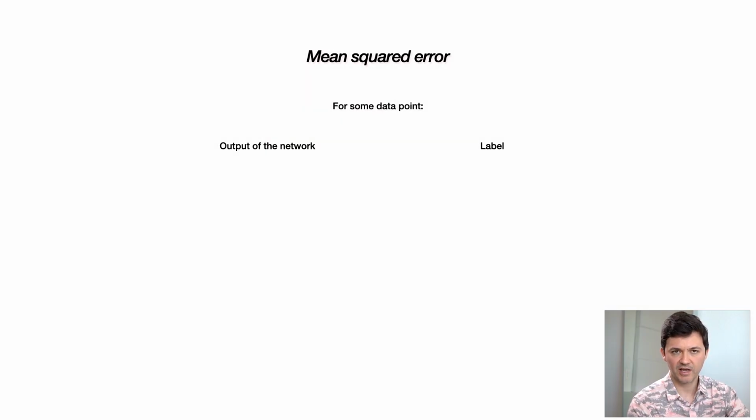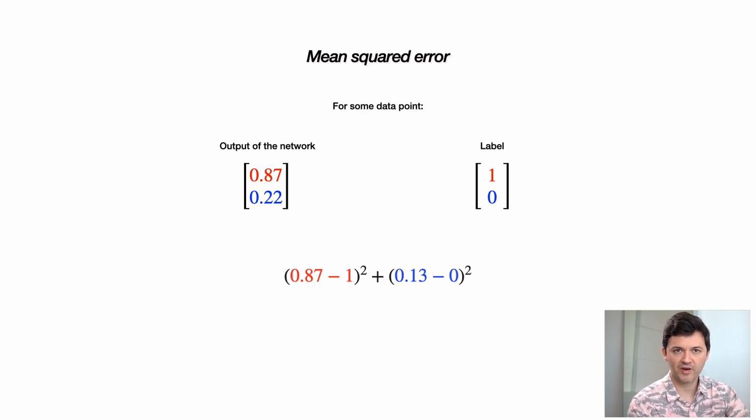So we have the following output of our data point. The probability of red is 0.87 and the probability of blue is 0.13. So this is the output of our neural network for the data point which has the label 1 and 0. So this should be a red point, yeah? So then to compute the mean squared error, we should subtract the corresponding elements, square them, and then add these two squares together.